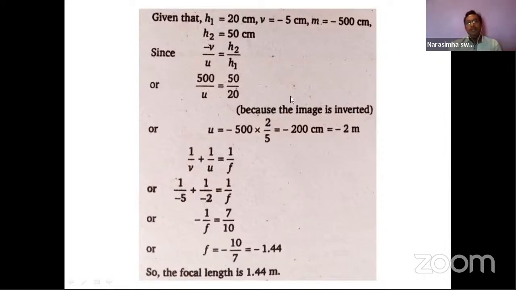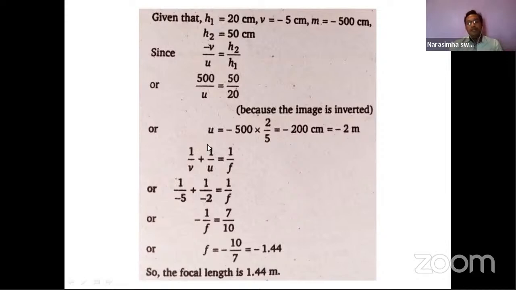Clear? From this we need the U value. So U is equal to 500 into 2 by 5, the zeros cancel, and you are getting 200 centimeters, which converted into meters is minus 2 meters. Now you got the U value, the object distance.